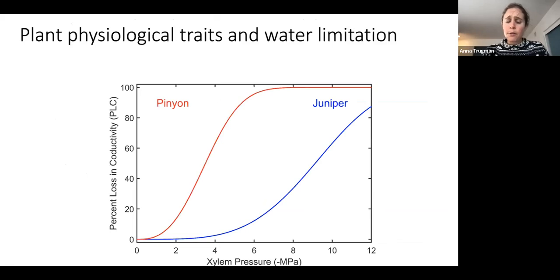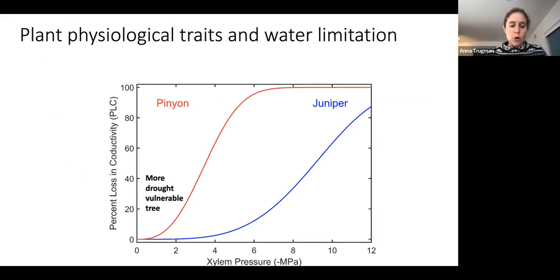And what's really important from a trait-based modeling perspective is that different trees have more resistant or more vulnerable xylems, and they'll lose different amounts of conductivity for the exact same xylem sap pressure.